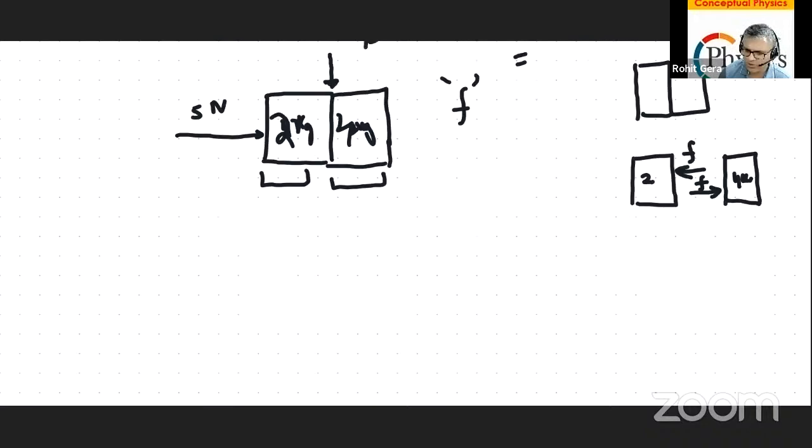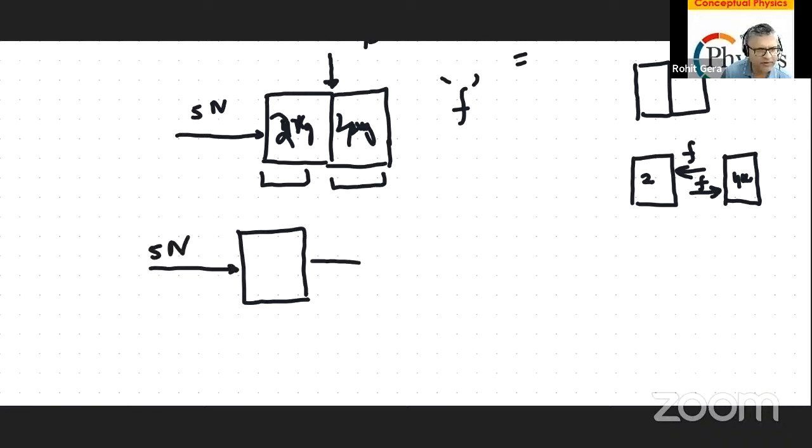If I just consider 2 kg, I say, okay, 2 kg is getting a 5 newton force from here. Agreed. And it is also getting a reaction pair from the other block, which is the 4 kg block.